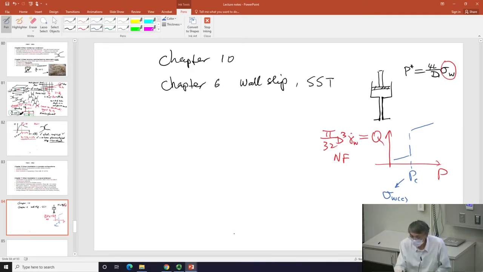For the moment, I will even omit this star here, just the pressure you apply. Turns out this is the only way to understand wall slip without complications, is for you to get hold of a pressure-controlled rheometer, which we luckily have.